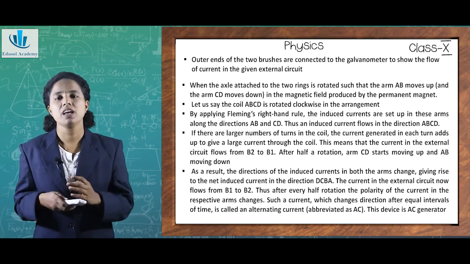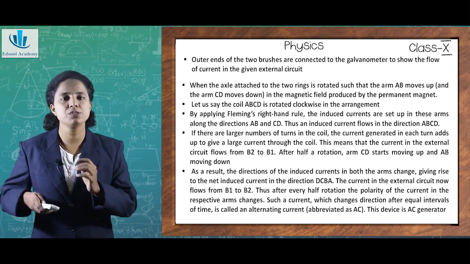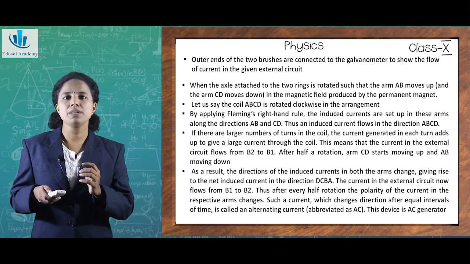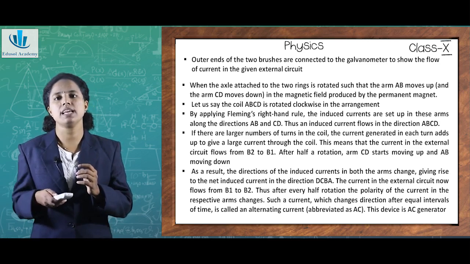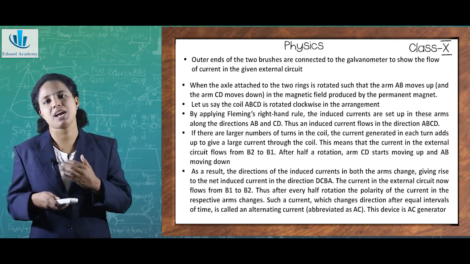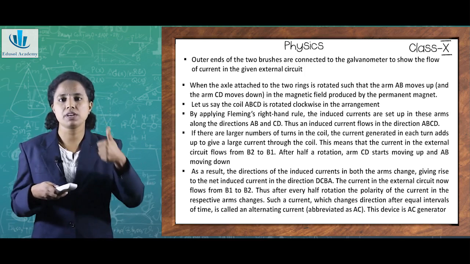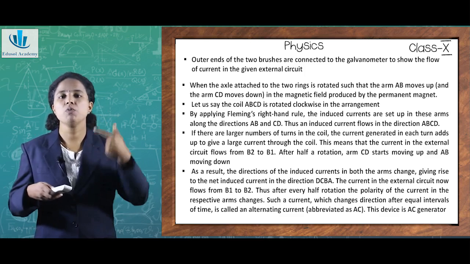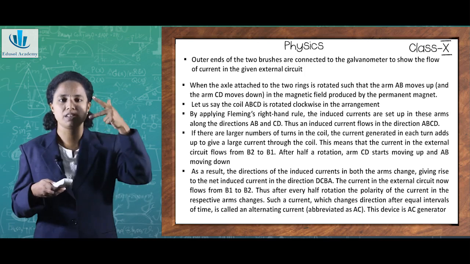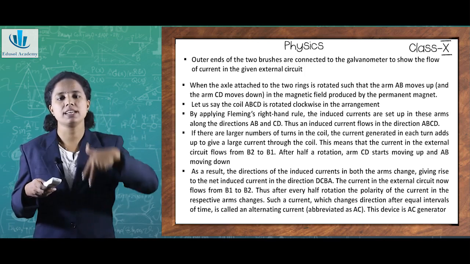Now we have to apply Fleming's right hand rule to find the induced current. As we have already seen, the direction of induced current is shown by Fleming's right hand rule. That is, my thumb will represent the movement of conductor, my forefinger will represent the direction of magnetic field, and the middle finger will represent the current which is induced in the conductor.